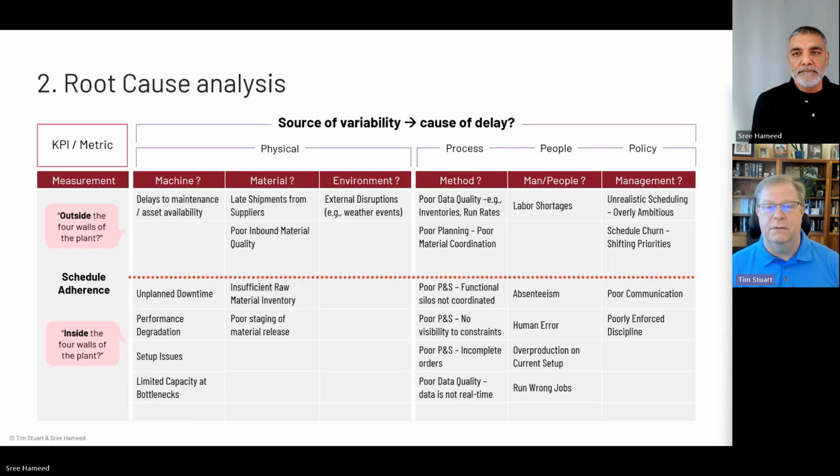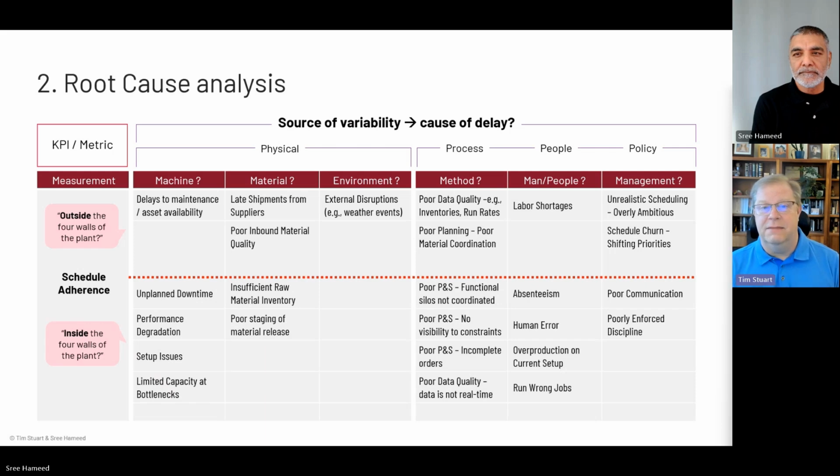So going with that same breakdown that we had from the Ishikawa diagram, if we start to look at the sources of variability in the process and what's causing that delay, then we can look at the physical or the people sides of things. And are we seeing delays or variability on the machines themselves? Do we have breakdowns in the equipment and so forth? Do we have extreme setup issues that if we're changing products too often is causing us to be delayed?